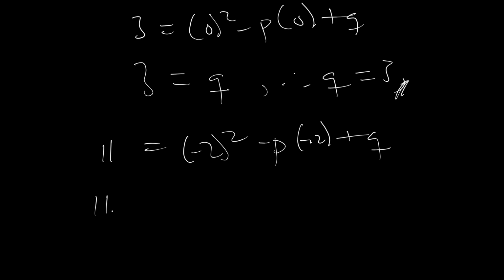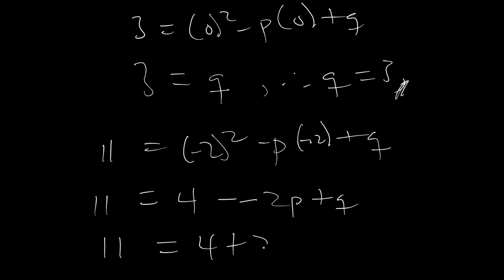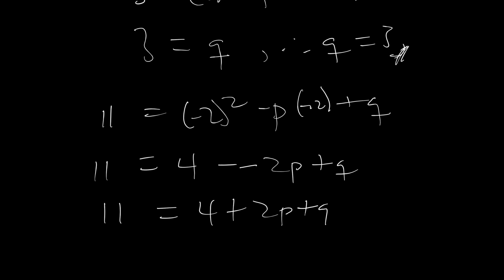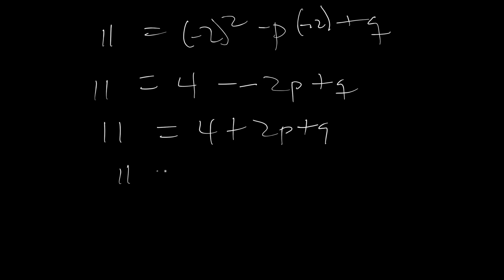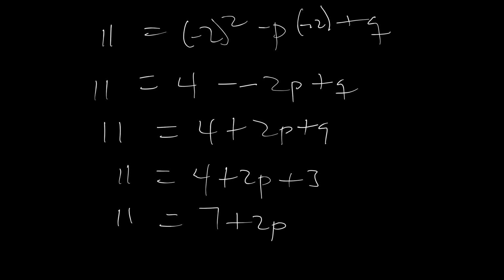So we have 11 is equal to -2 squared is 4 minus -2p plus q. Now this gives us 11 is equal to 4 plus 2p plus q. But our q is 3. So we have 11 is equal to 4 plus 2p plus 3. And when we simplify the right hand side, our 11 will be 7 plus 2p.